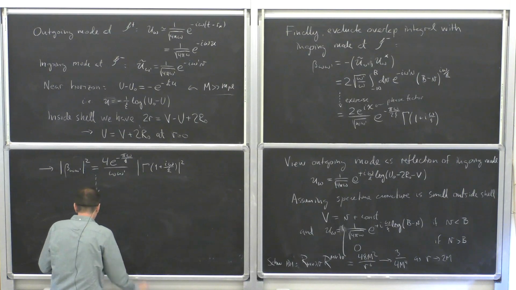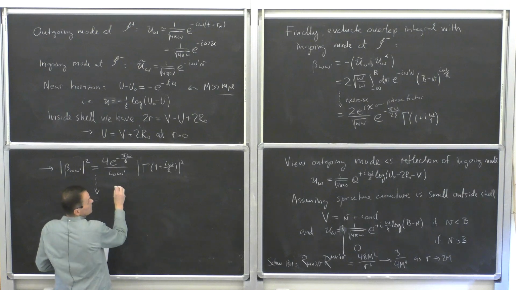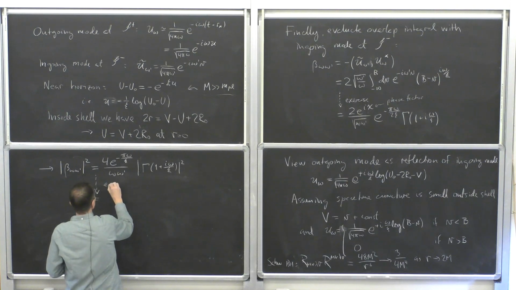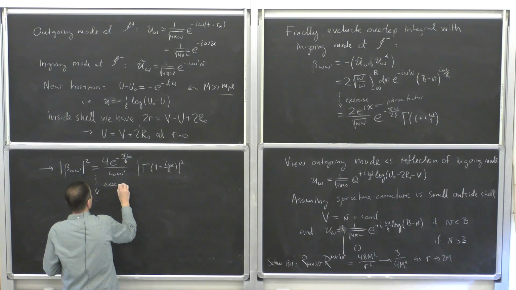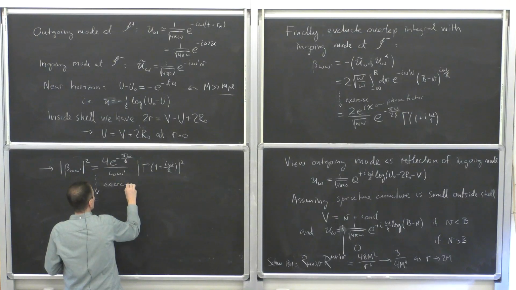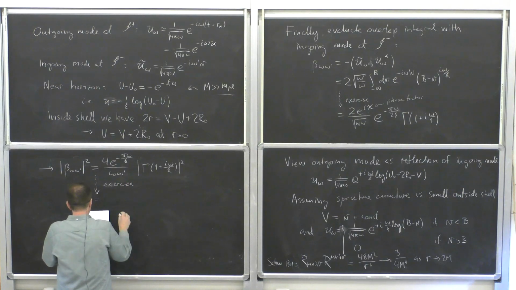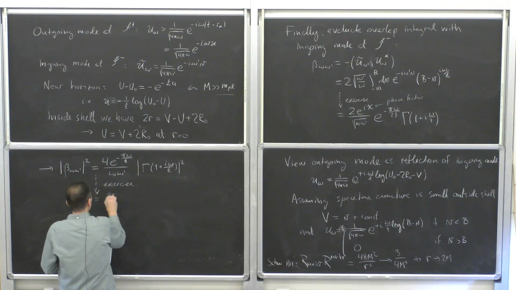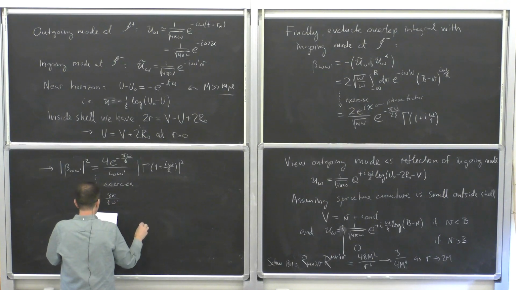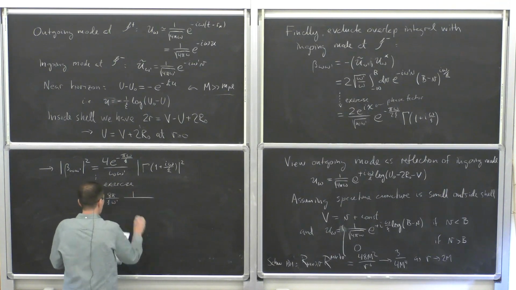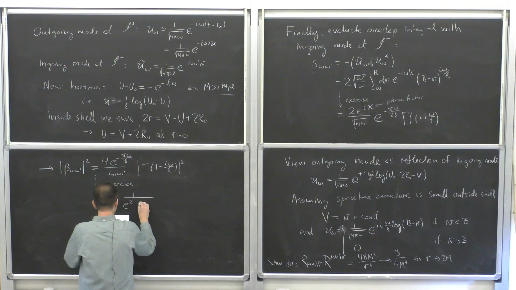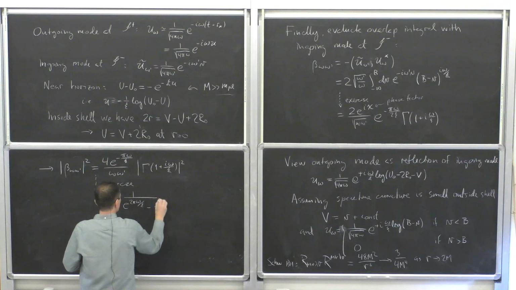Use some gamma function identities. This will tell you that this is 8 pi over c omega prime, 1 over, amazingly enough, e to the 2 pi omega over c minus 1. Okay?